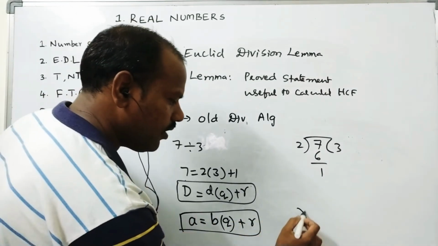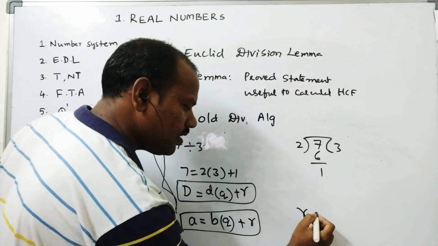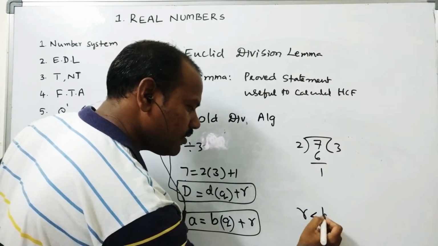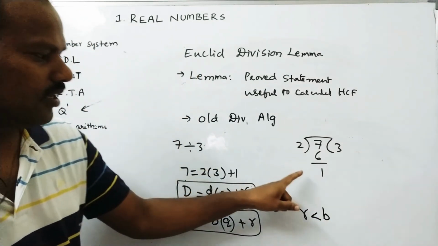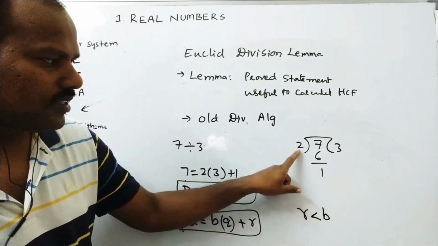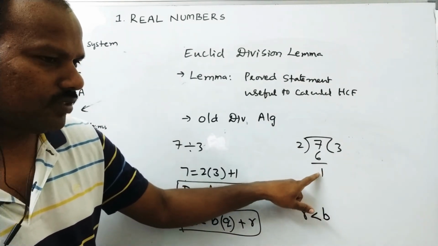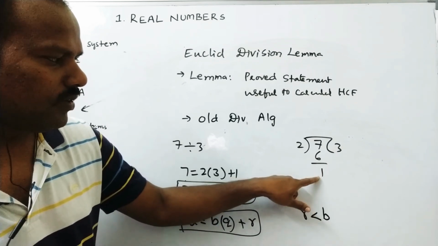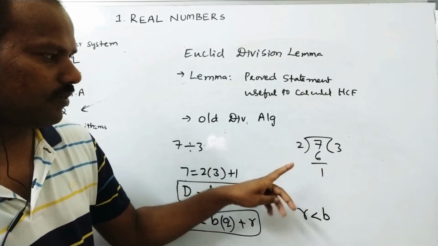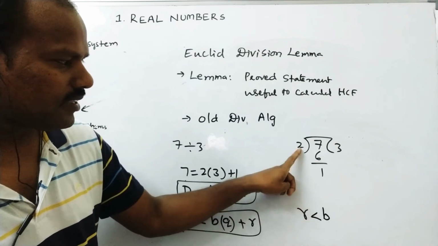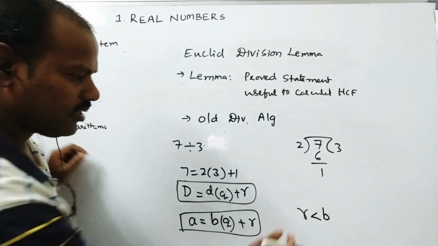We know very well, the remainder is always less than the divisor, compulsory. When you divide, the remainder is always less than the divisor only. Sometimes it is 1, sometimes it is 0, sometimes it is a different number, but it is always less than the divisor. That is the condition.